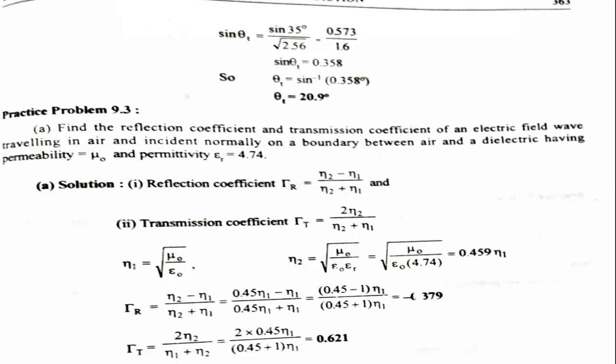Sine 35 degrees is 0.573. Dividing 0.573 by root of 2.56, which is 1.6, gives sine theta t equal to 0.358.